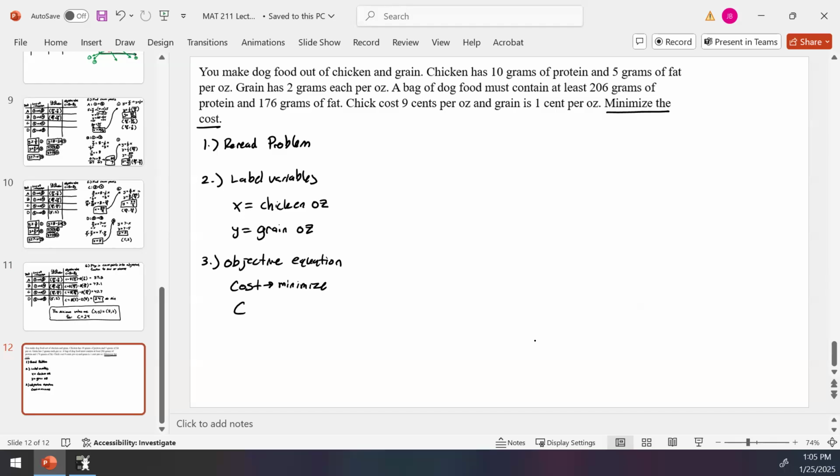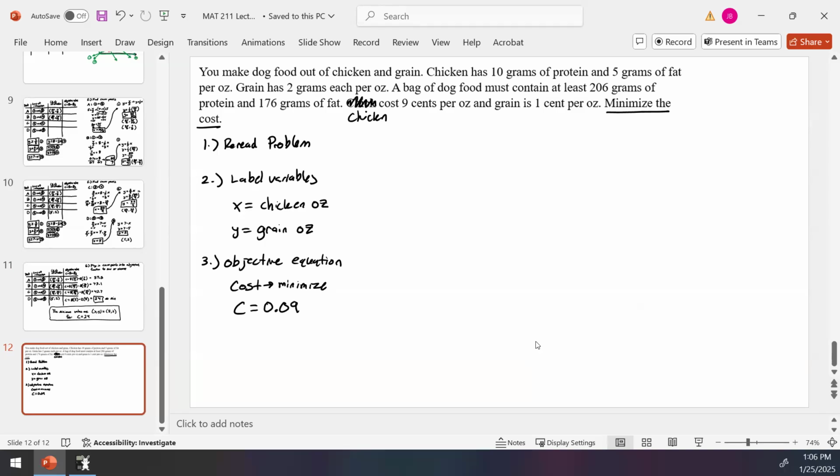So C is going to be equal to however much chicken you use and however much grain you use. But you have to spend money on each ounce. Chicken costs 9 cents per ounce, and grain is 1 cent per ounce. So we're going to do 9 cents, which we have to convert to dollars.